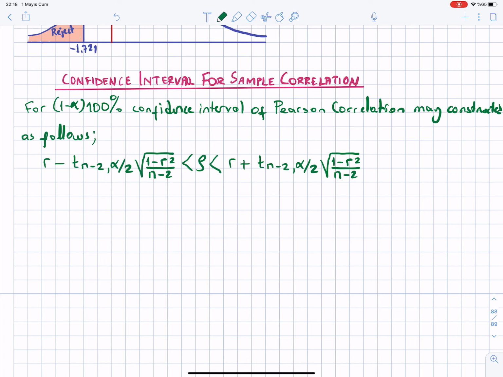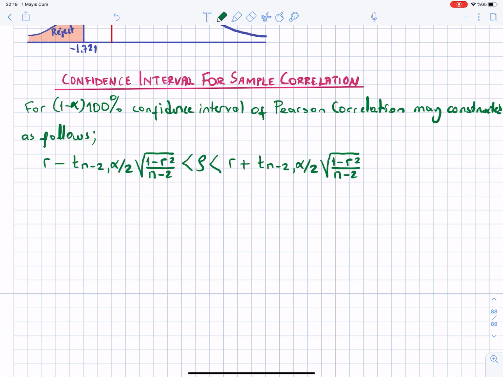And if you find the upper bound to be greater than +1, truncate the upper bound to 1, because the correlation coefficient can never exceed +1 or be less than -1. This is the thing you need to be careful about in constructing the confidence interval for the correlation coefficient.